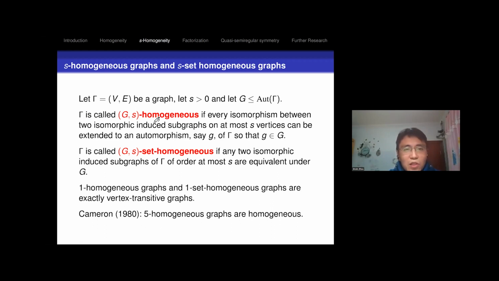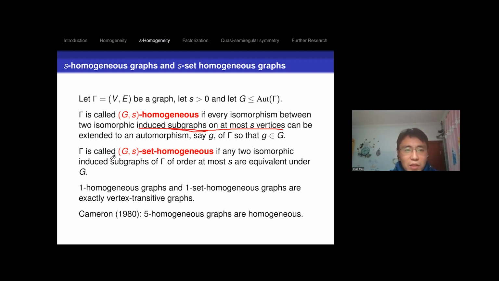Gamma is called G-s-homogeneous if every isomorphism between two isomorphic induced subgraphs on at most s vertices can be extended to an automorphism g of gamma, so that g belongs to G. So we just require the subgraph to have at most s vertices. In this case, we call the graph G-s-homogeneous.